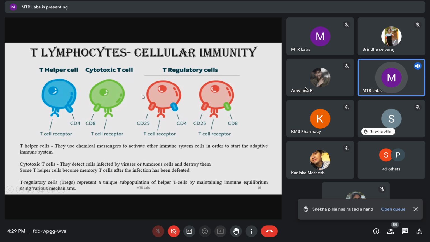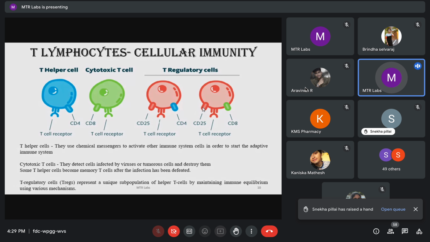There is a population called T regulatory cells, or Tregs. Tregs are a unique population of helper T cells, the main cells involved in maintaining equilibrium, in the sense of maintaining the homeostasis of the host.